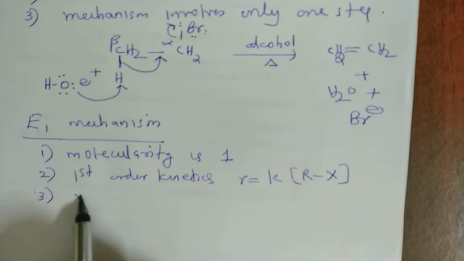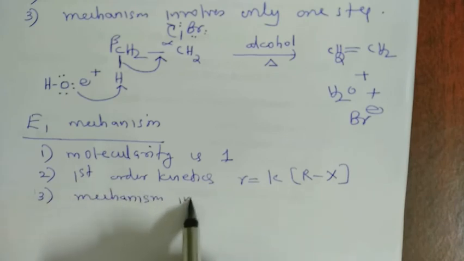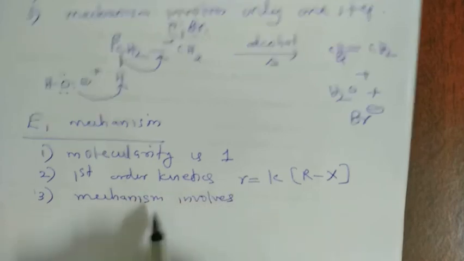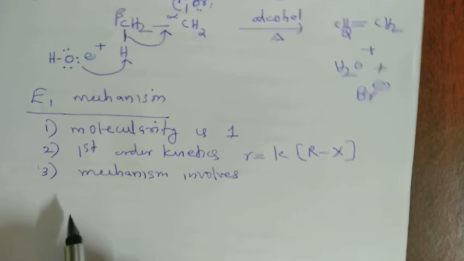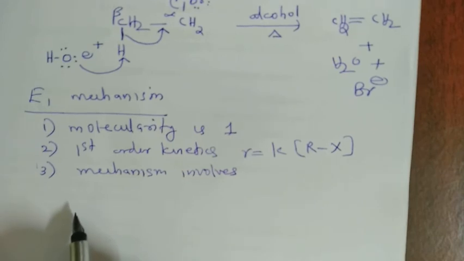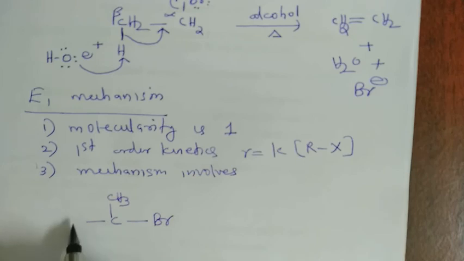E1 mechanism involves 2 steps. First step is slow and reversible heterolysis of carbon halogen bond to form a carbocation intermediate. In the second step, base abstracts a proton from carbocation intermediate.